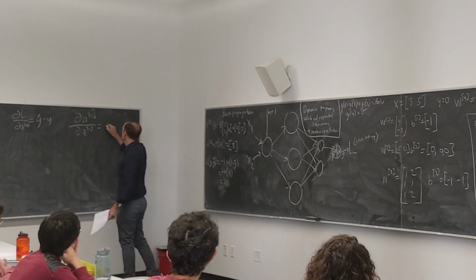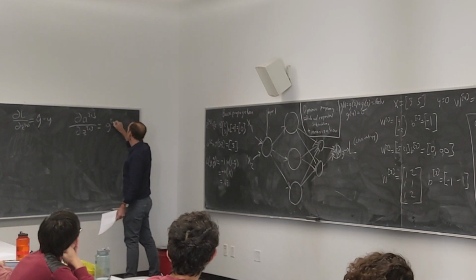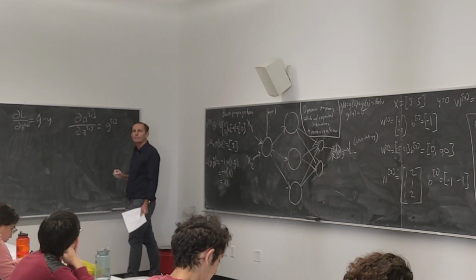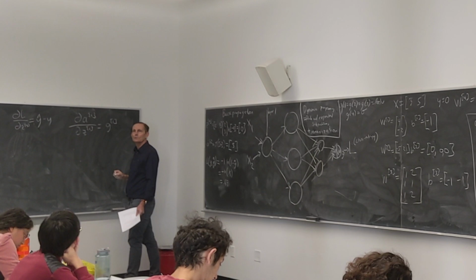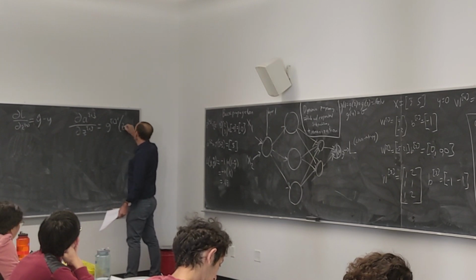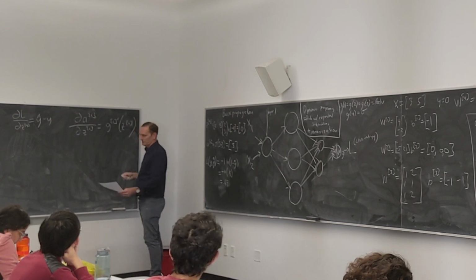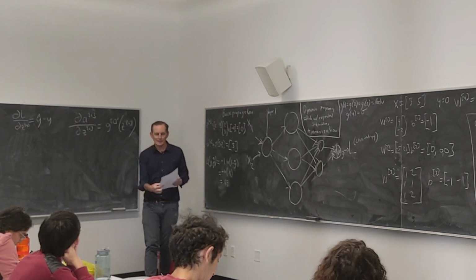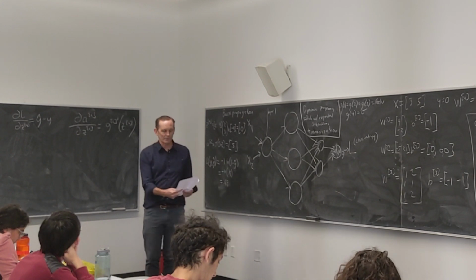The activation function is g to the I. We would take the derivative of that, evaluate it at z at I. So that is the second equation here.